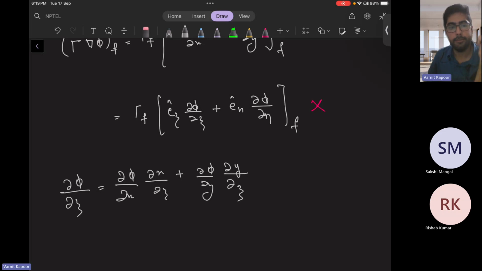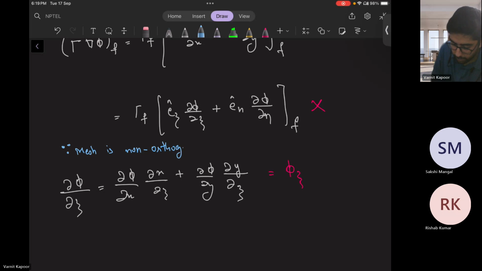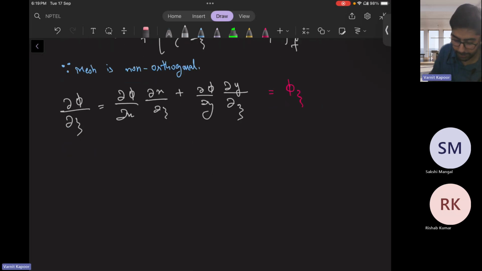We can write this as the gradient of phi dotted with the derivative of position with respect to zeta. This means it is a gradient of phi. All right, because the mesh is non-orthogonal. I hope it is clear. Similarly, I can write dou phi by dou eta.